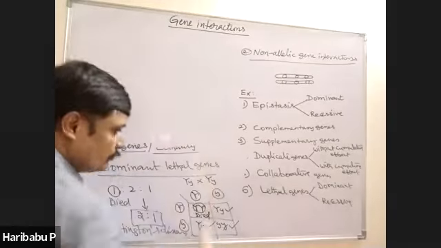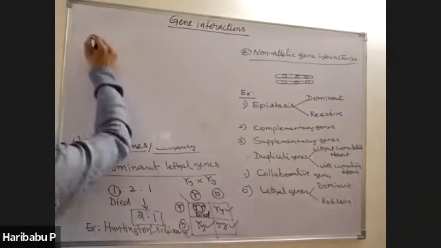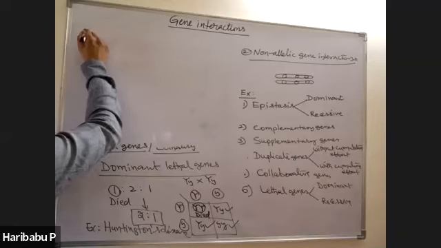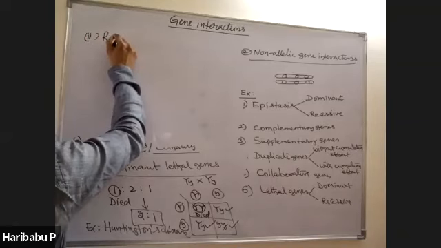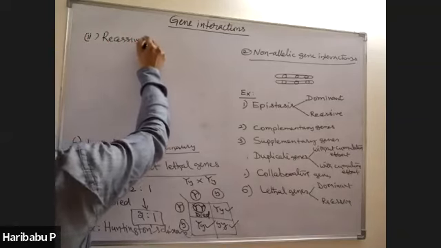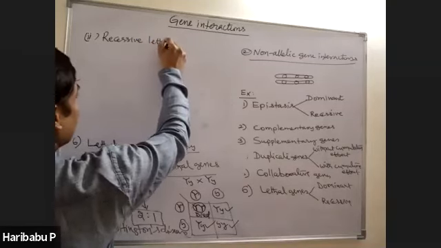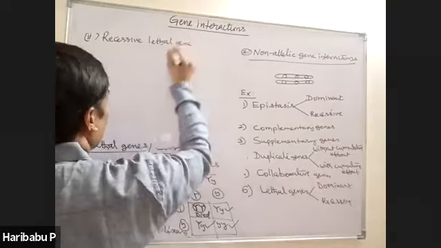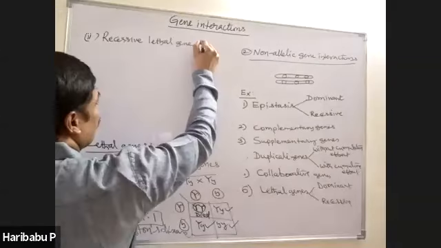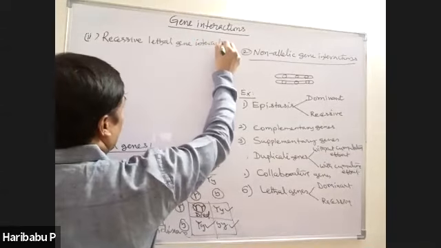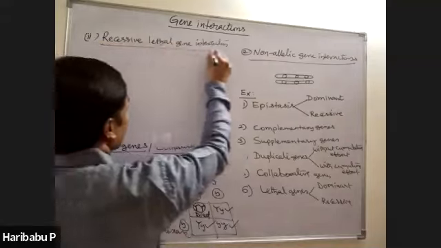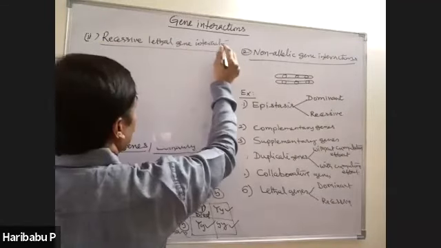Next one is recessive lethal gene interaction.